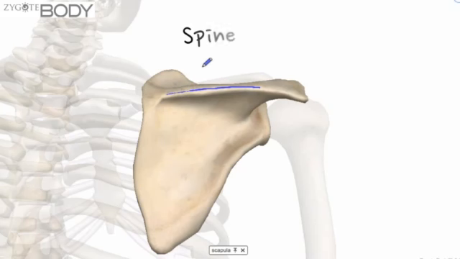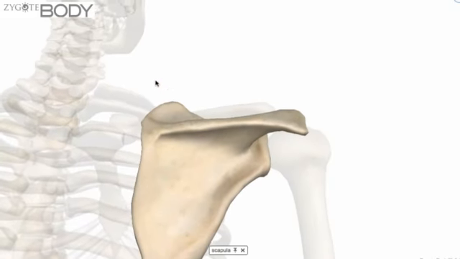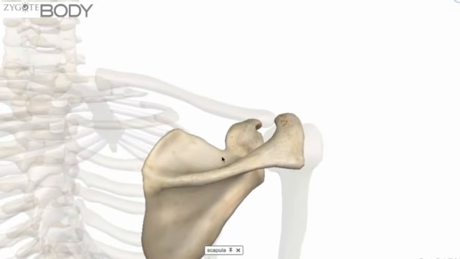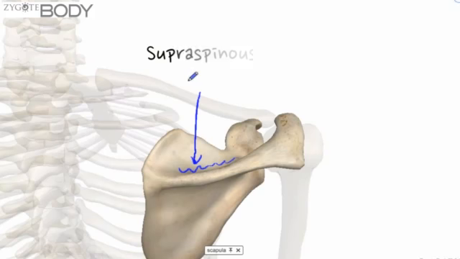And this is the spine of the scapula. On the superior side of the spine, I'm going to try to rotate a little bit. Here on the superior side, you will see this fossa, and this fossa here is called the supraspinous fossa.